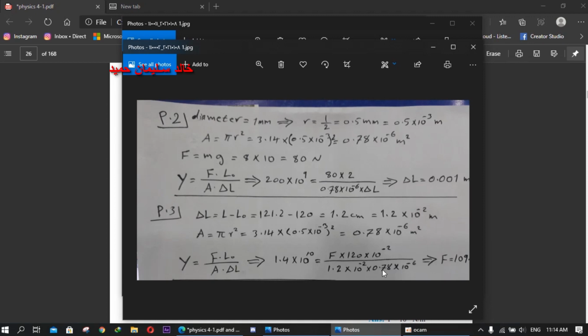Also, the calculations are simple and you can do it in your notebook. So F is equal 109.9 Newton.